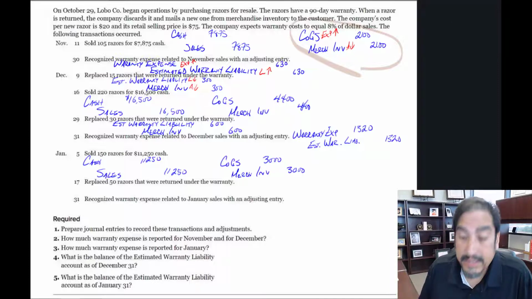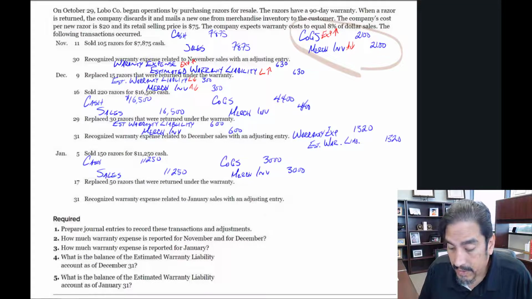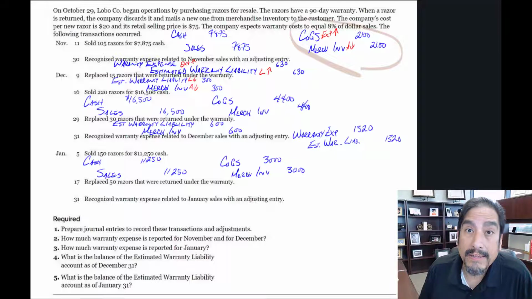And then on January 17th, some more bad razors came in. So we're going to reduce the merchandise inventory account with a credit, and we're going to debit the estimated warranty liability account. We're not going to debit an expense. We hit warranty expense at the end of every month with that adjusting journal entry.